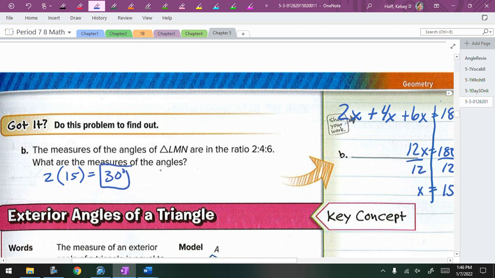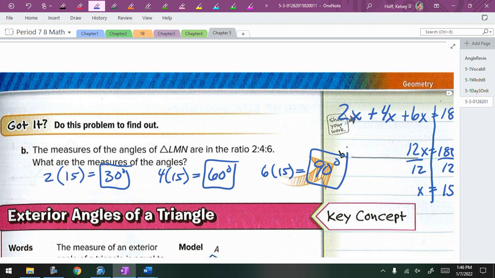Then 4 times 15 is 60 degrees. Then 6 times 15 is 90 degrees. How can I double check that I did that correctly? Add them up. 30 plus 60, 90, plus another 90, 180.